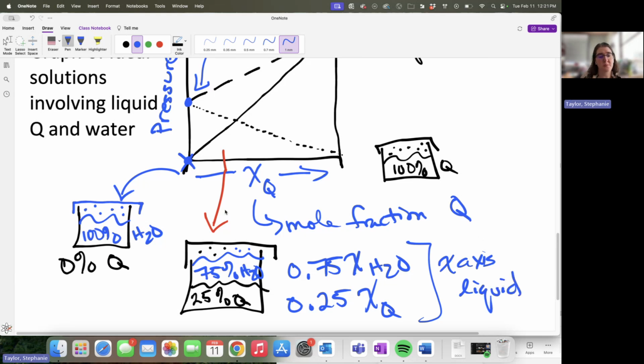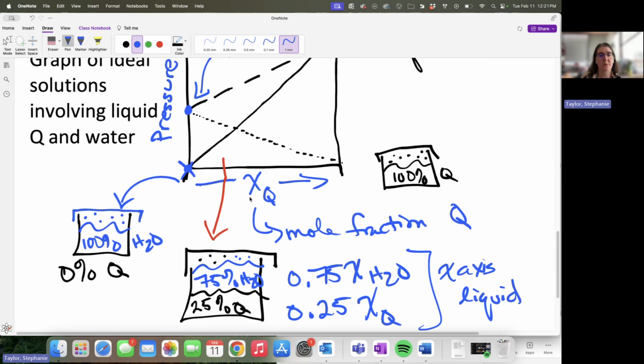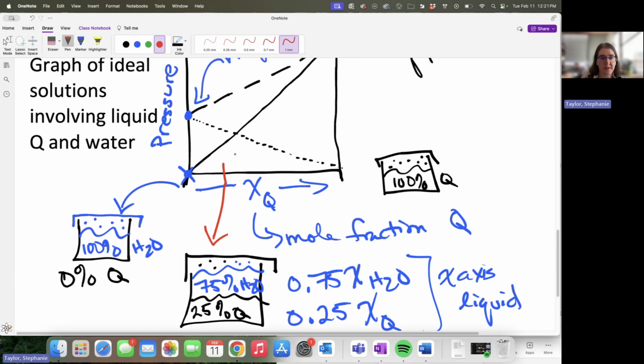But I want to be able to measure what's happening in the vapor phase. So I have a few points that can tell me information. So this point here would give me the vapor pressure of Q when there's 25% Q. This point here would give me the vapor pressure of water when there's the 75% water.